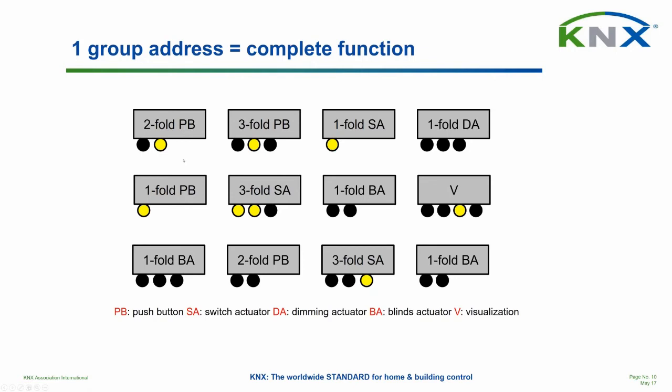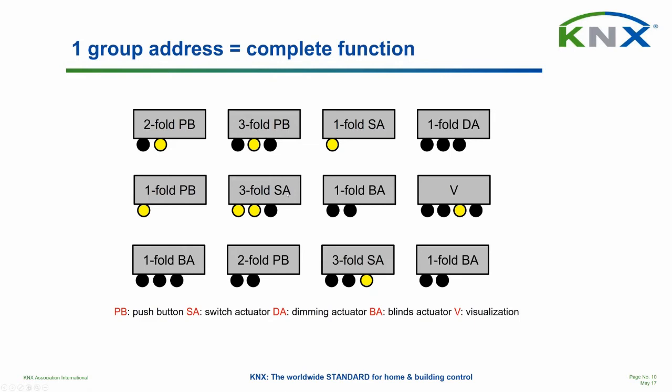In order to make my point, let's have a look at what's going on. On the 2-fold push button, one of its objects is included in this function. One of the objects of the 3-fold push button as well. The 1-fold switch actuator is also involved, only one object. The 1-fold push button as well.